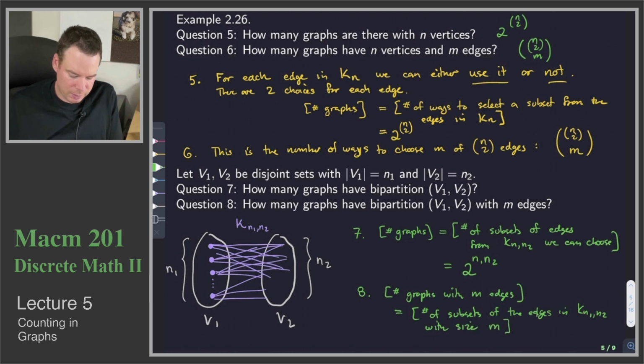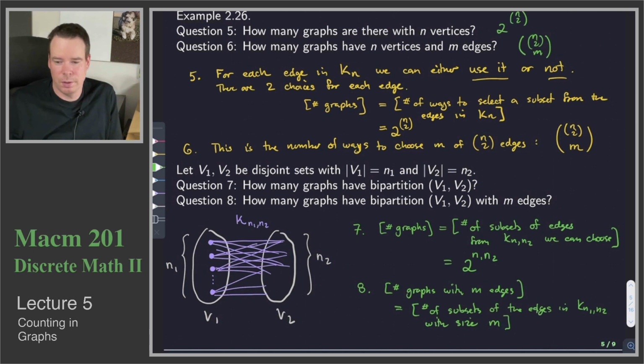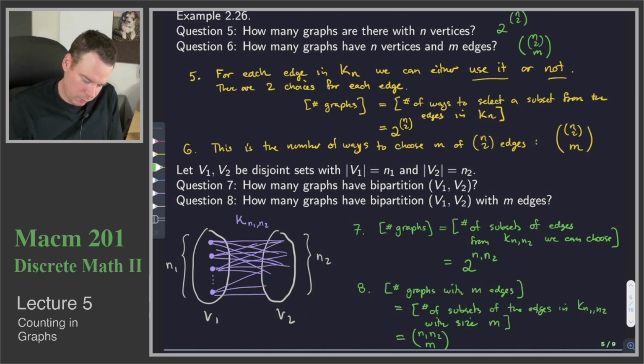So how many size m subsets are there from this set here? Well, there are n1 n2 possible edges to choose from, and I want to choose m of them. So it's n1 n2 choose m. So I'll fill in these values up here. We've got n1 n2 choose m.